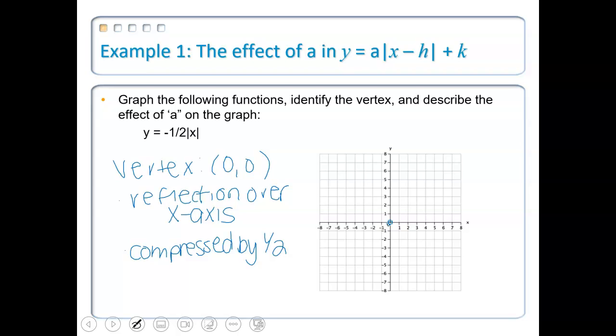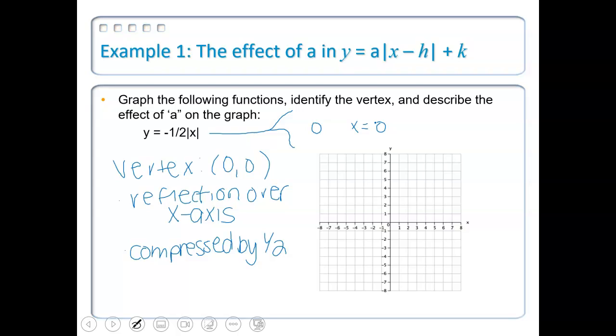So if you think about the fact that this absolute value is a piecewise, that really tells me that this graph is at 0 for x equals 0 because the graph was not transformed or moved.